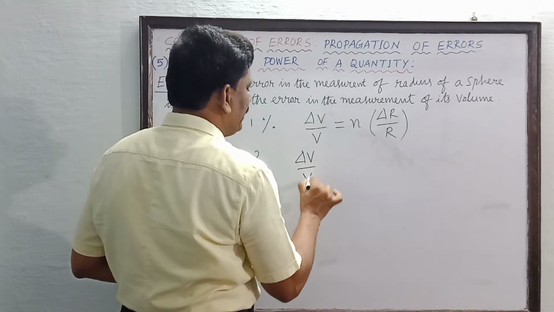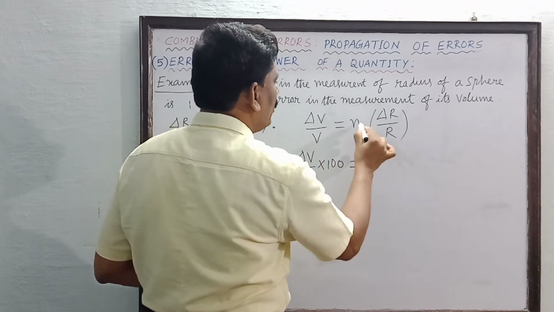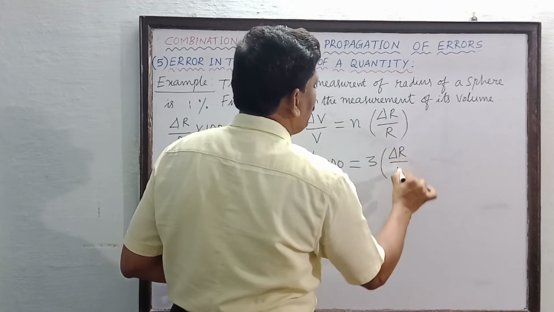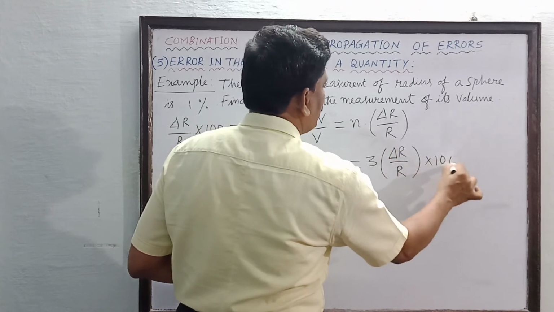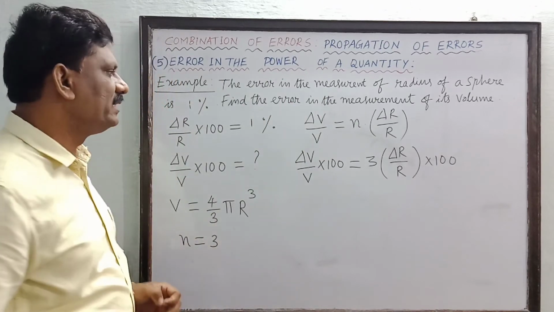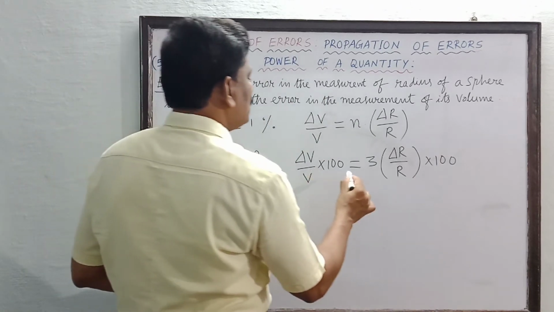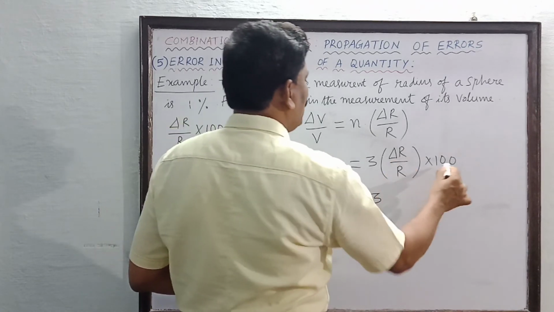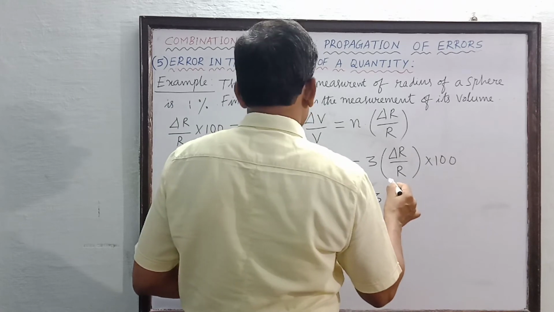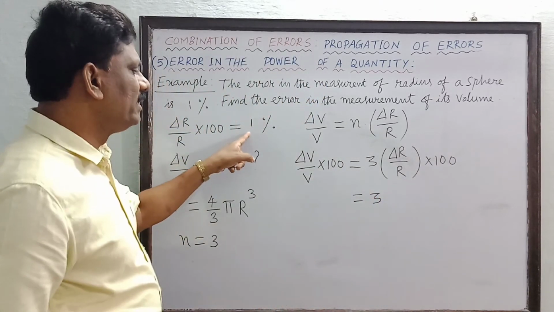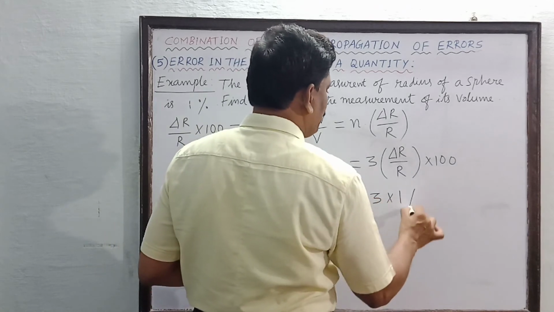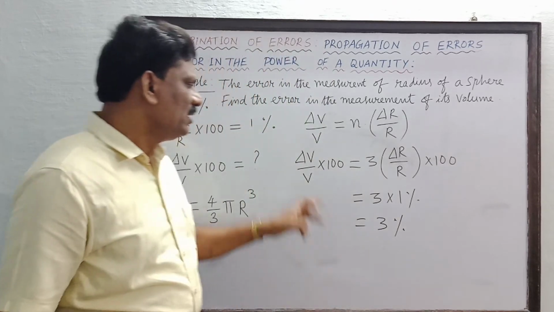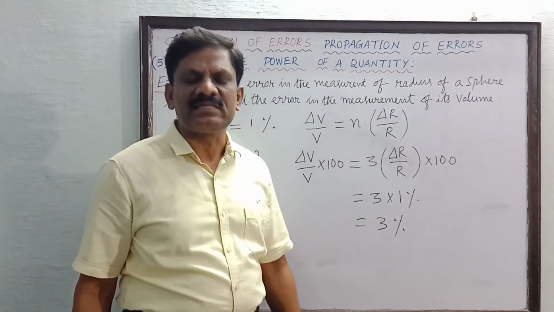So delta V by V into 100 is equal to 3 times delta R divided by R into 100. Delta R by R into 100 is 1%. So 3 into 1% is equal to 3%. So the percentage error in the volume of the sphere is equal to 3%.